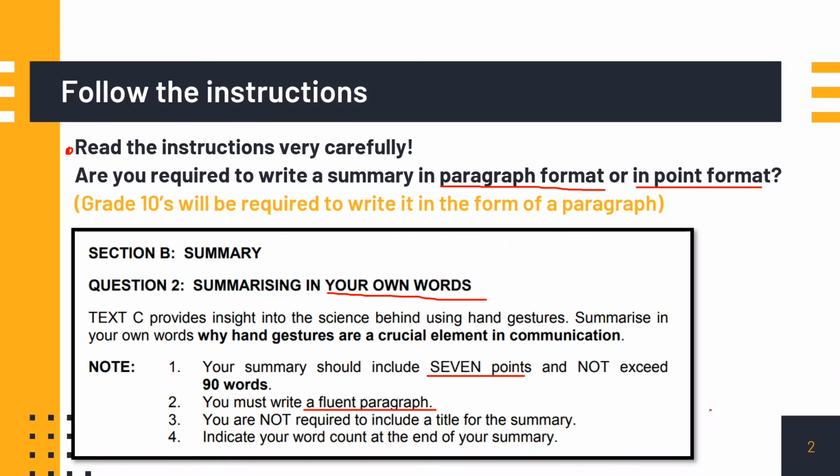Based off of this question, it's clear to see what is expected of us. We are expected to write the summary in the form of a fluent paragraph. Do not be confused by step 1, which says that it should include 7 points. This refers to 7 main points or main ideas. These points should be written in a fluent paragraph.